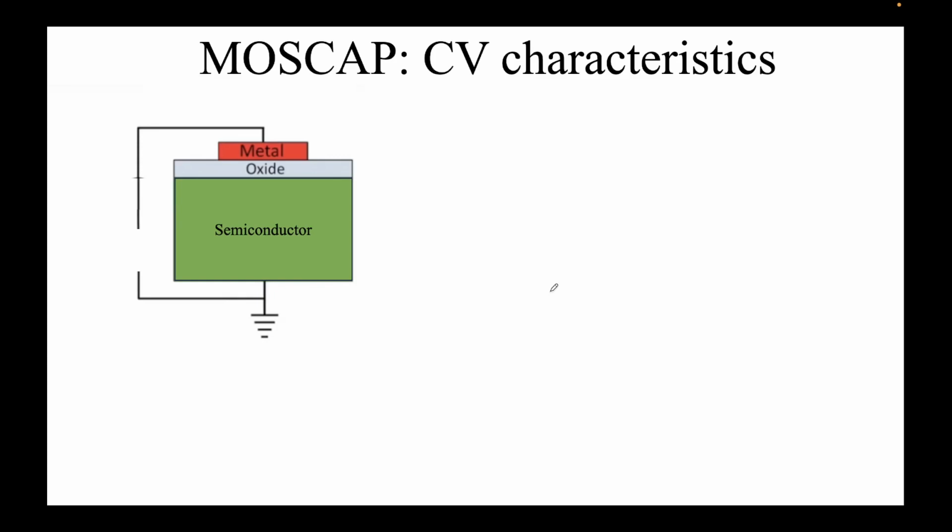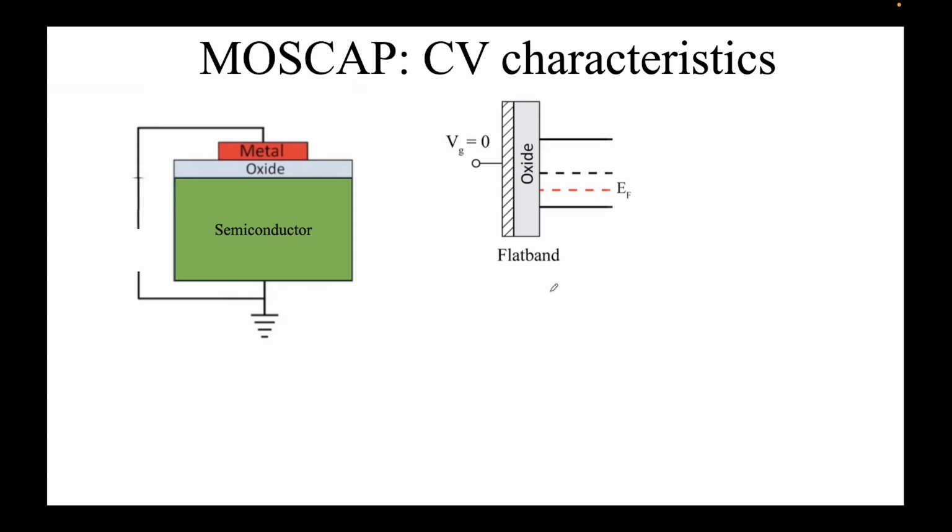That means when you're changing the voltage, how will it behave, which is clearly visible in CV characteristics. We know it's an ideal MOSCAP, and if we are not applying any voltage, you'll obviously get flat band. However, now let's say you apply a gate bias VG. So the metal is connected to the positive side. And for our discussion, we'll assume this semiconductor to be P type.